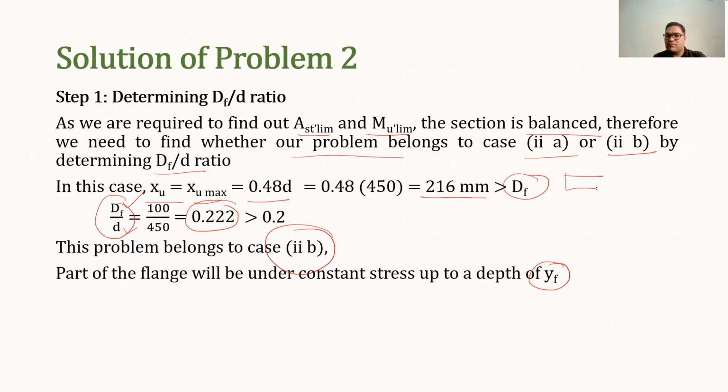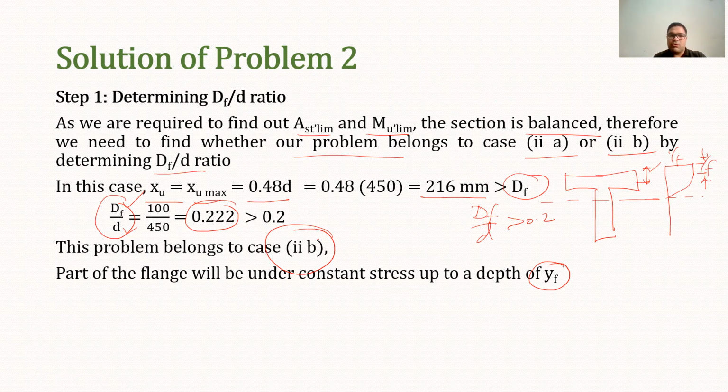As I have discussed in the previous part also, when NA is in the web and when DF by D ratio is greater than 0.2, then if we draw the stress diagram, we know that up to a certain depth, which is known as YF, the stress is constant, and then it is varying like this. So this depth is required to be found out, which is YF.